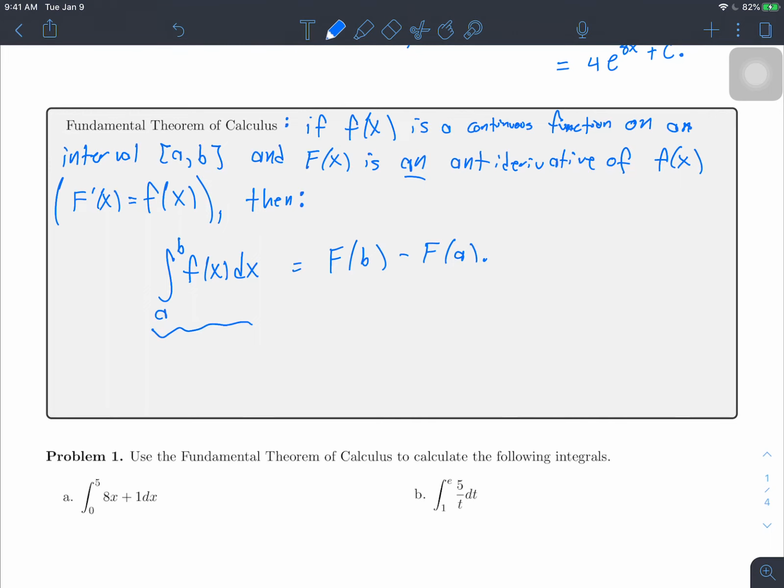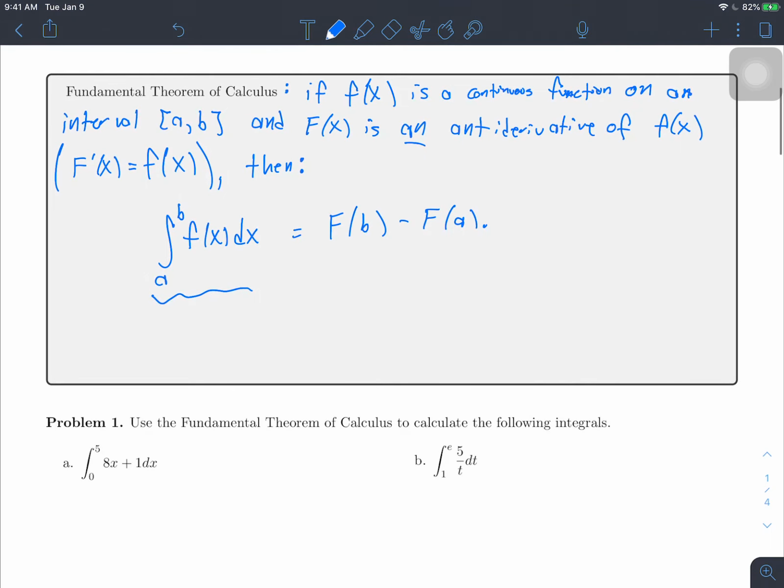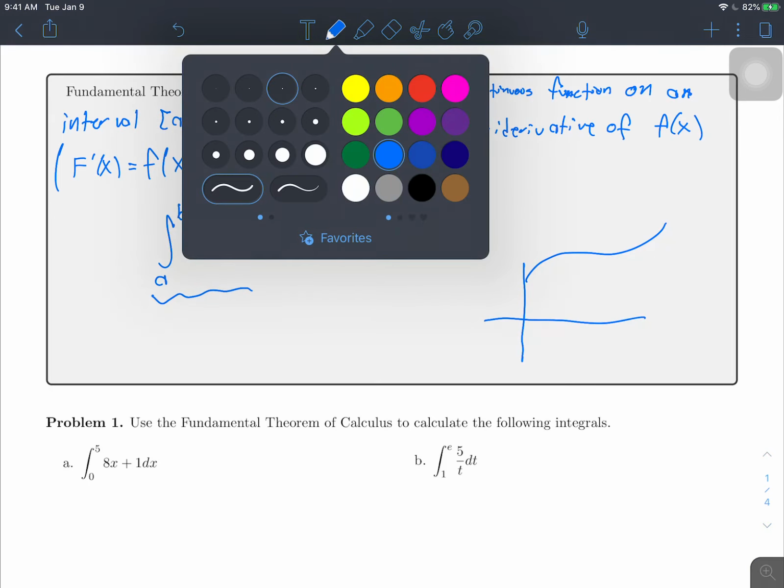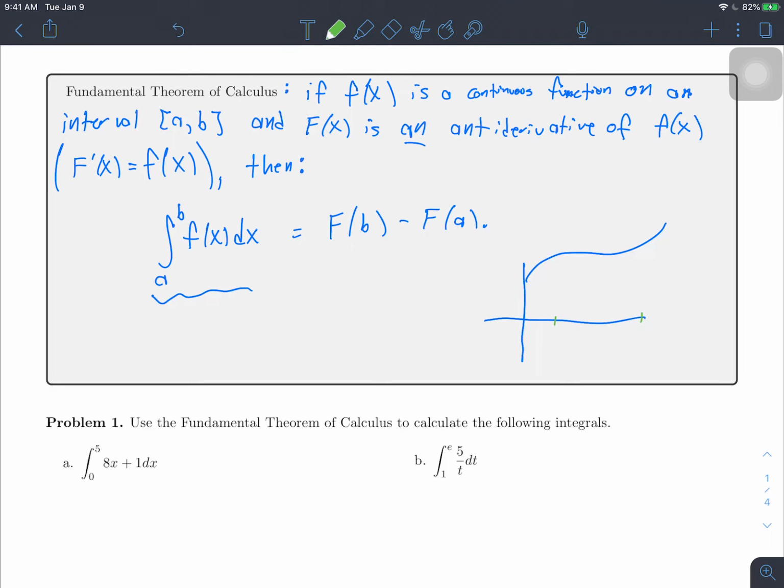Okay, why is this amazing? I'll explain. It's amazing because before, if we had some crazy function and we wanted to know the area under the curve from a to b, okay, say we wanted to know this area.